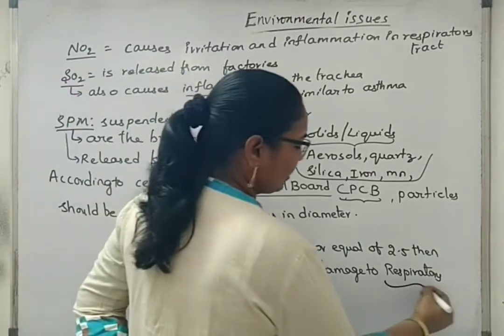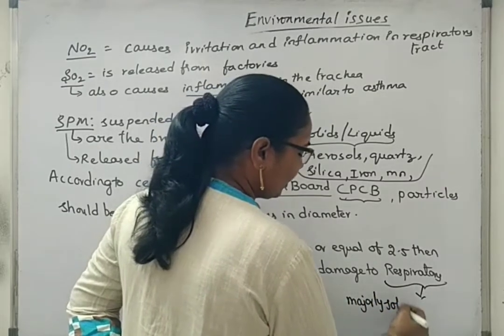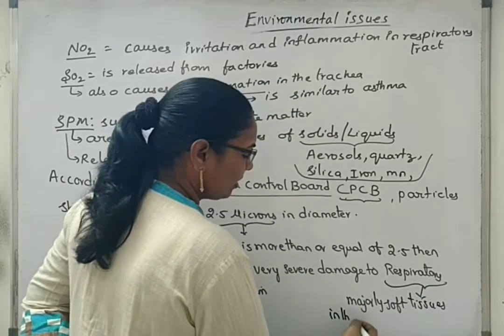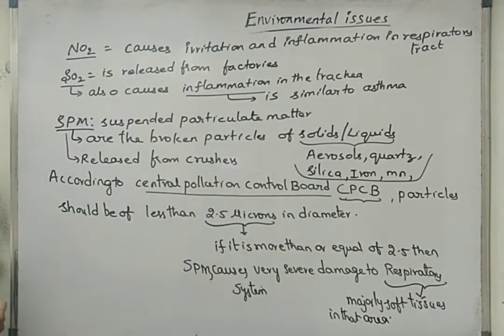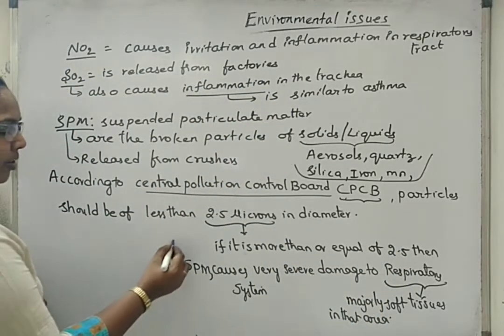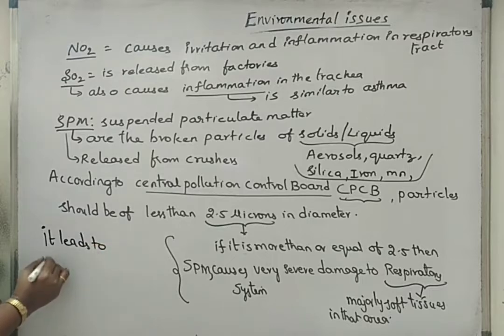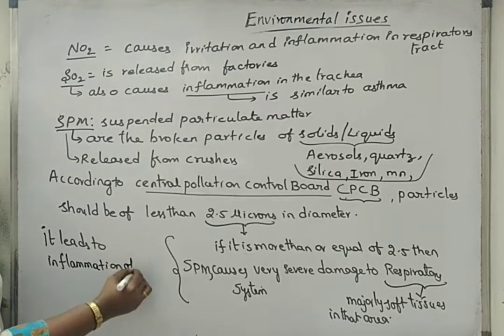Okay, respiratory system we have written. Majorly soft tissues in that area. So when it causes such major damage to the soft tissues, mucous layers, simple squamous epitheliums that are present there, then it leads to inflammation of lungs.